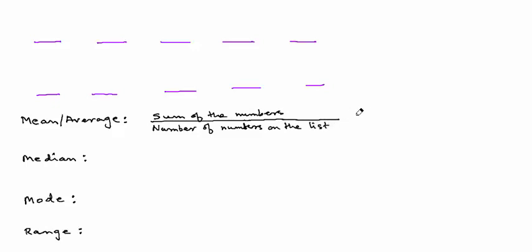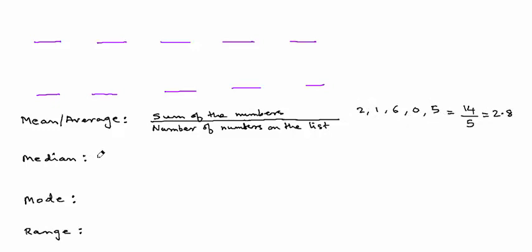So for example, if you were to find the mean of, let's say, 2, 1, 6, 0 and 5, you would add them up. So you would do 2 plus 1, that's 3, 3 plus 6, that's 9, and 9 plus 5, that's 14, and you would divide 14 by the number of numbers, which is 5. And that gives you 2.8.